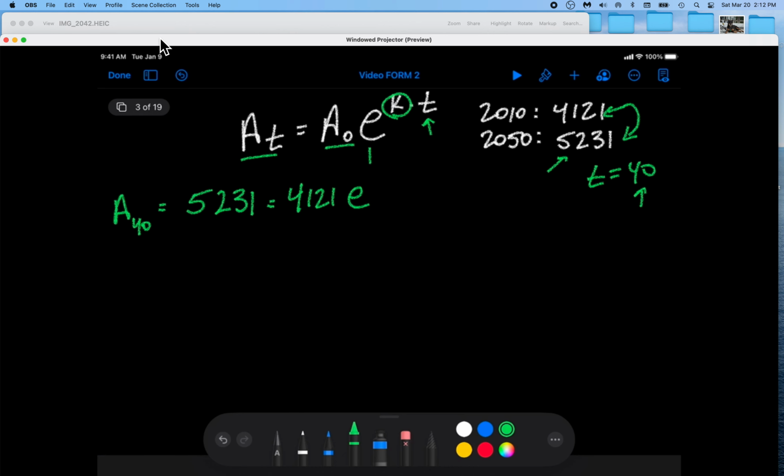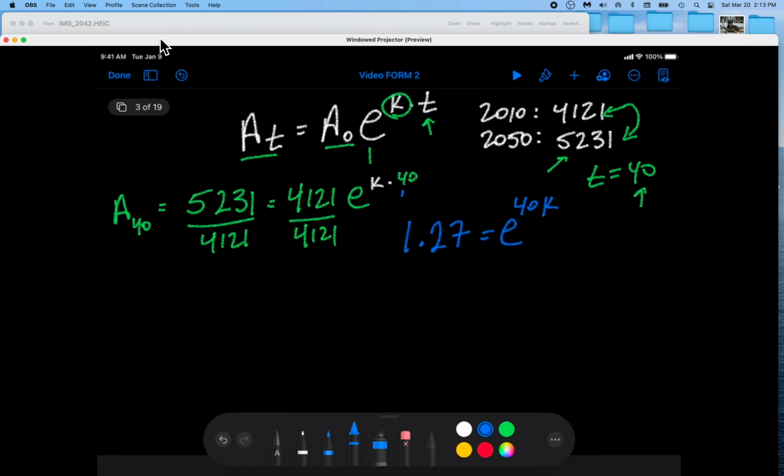We have e, we don't have k, and we have 40 as the time. We're going to divide both sides by 4121 first. When we do that, we're going to get 1.27 equals e to the 40k.